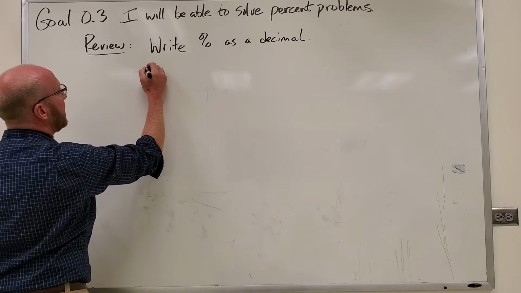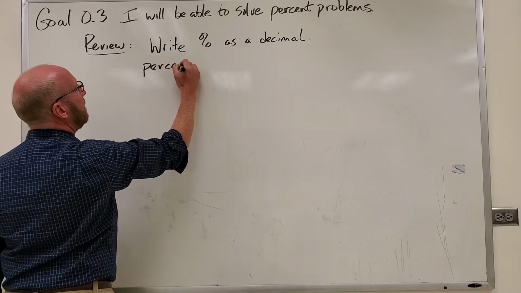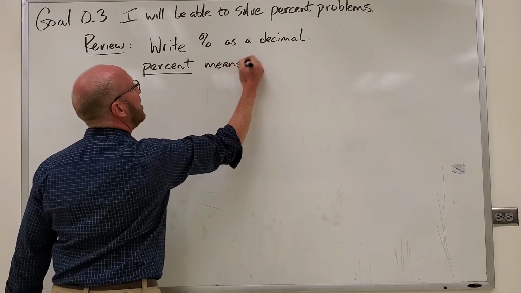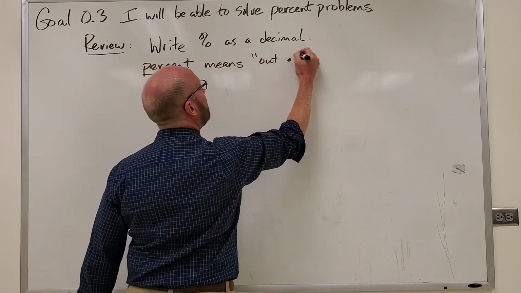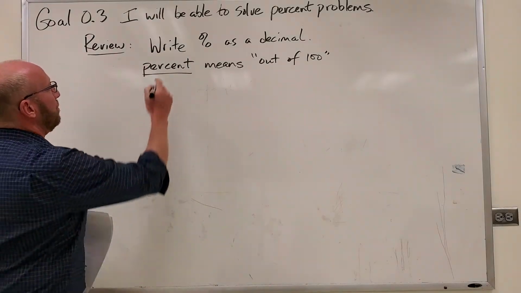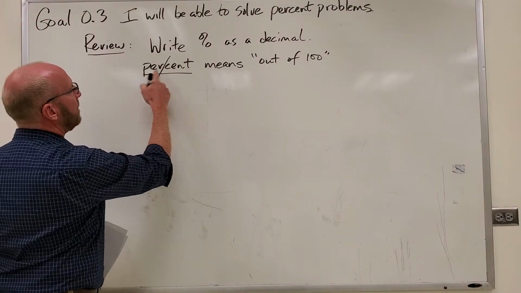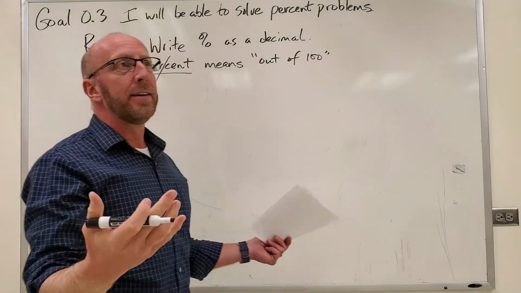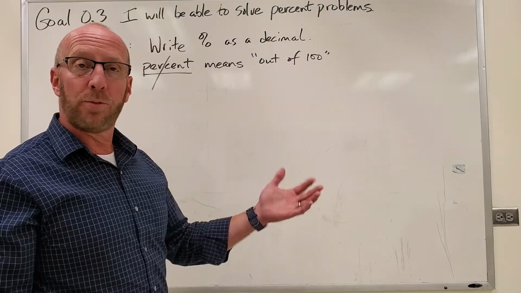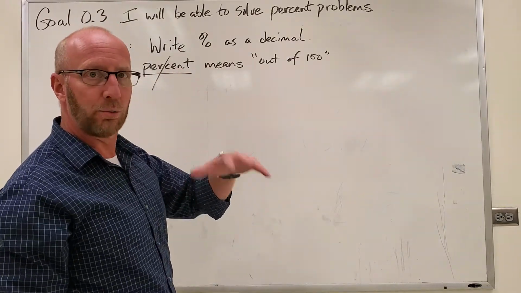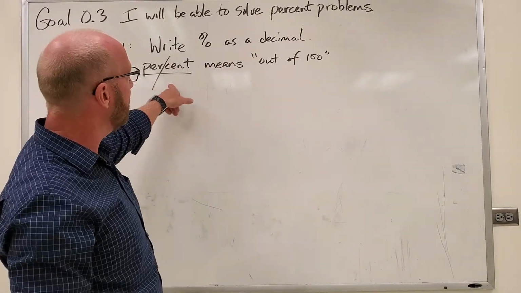Now, the word percent, it means out of 100. So per means out of, cent means 100, like century is 100 years. A centurion is a Roman officer over 100 soldiers. There's 100 cents or 100 pennies in a dollar.